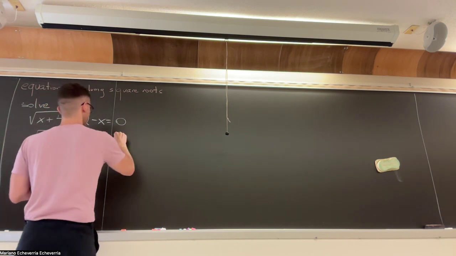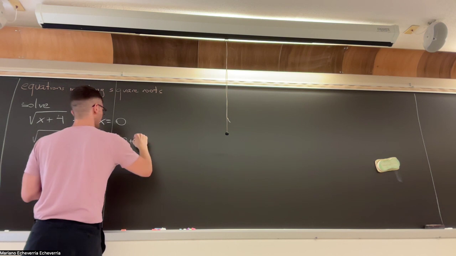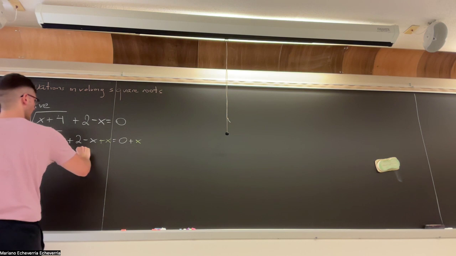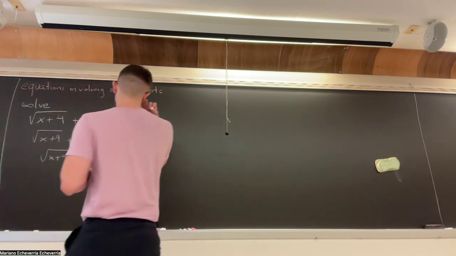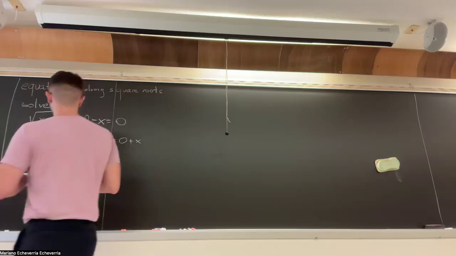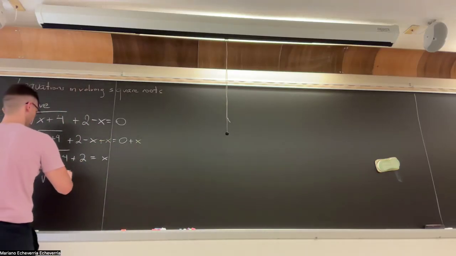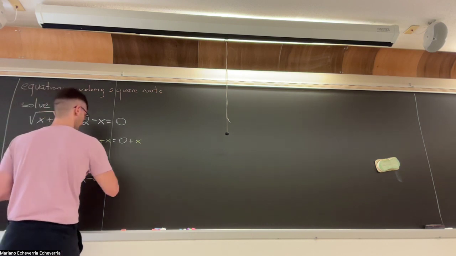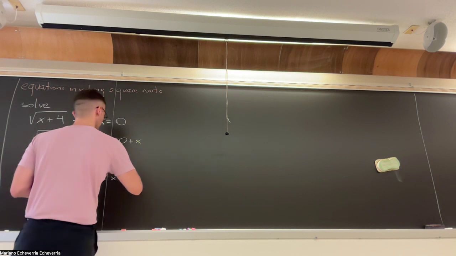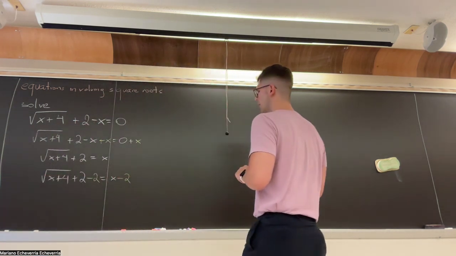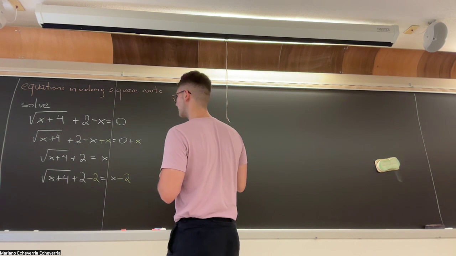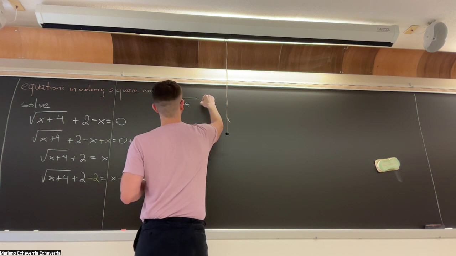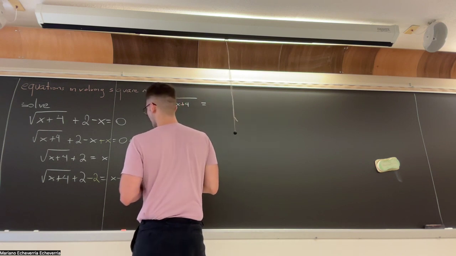So when you do that, you get this. And then I'll subtract two on both sides. Okay, and what does that give you? It gives you root of x plus 4 equals what?